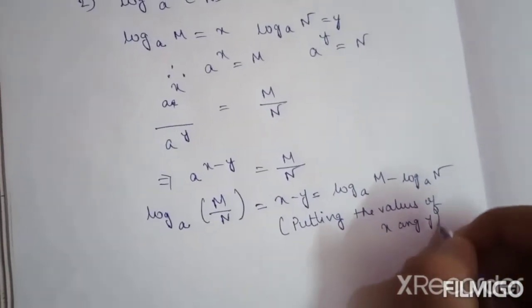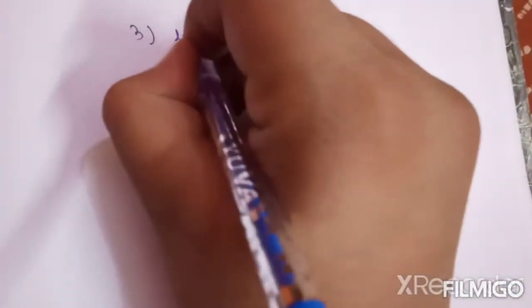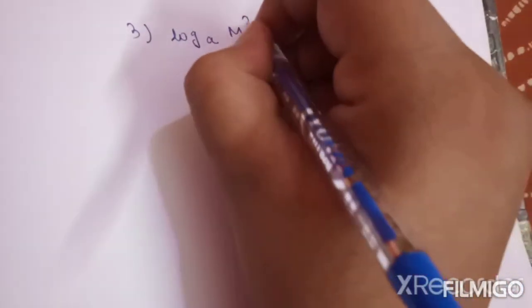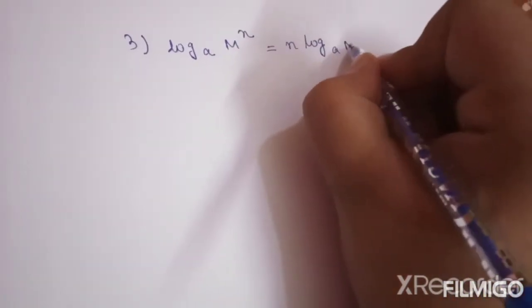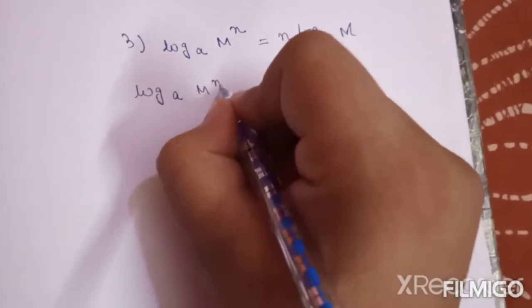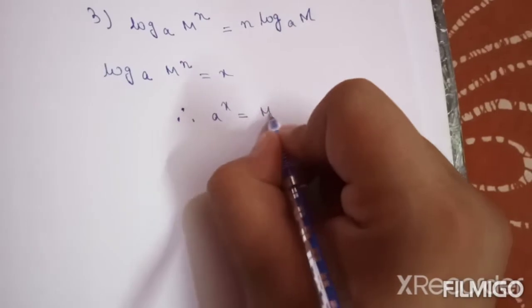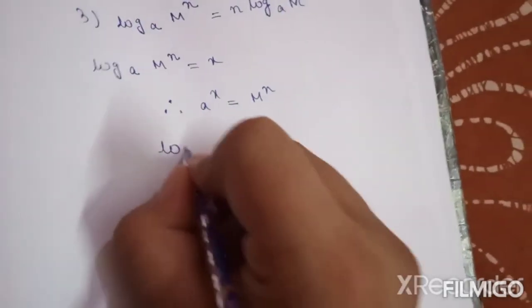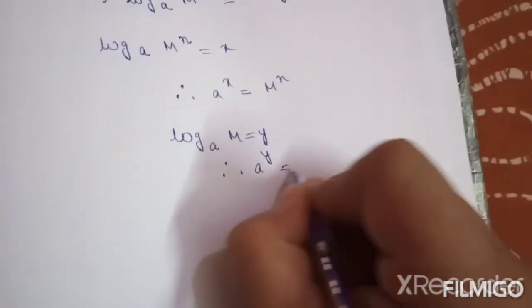In the first formula we multiply, and here we divide. Next our formula is log a base m to the power n. The power will come first: n log a base m. We take log a base m to the power n equal to x, which means a to the power x equals m to the power n, and log a base m equal to y, which means a to the power y equals m.